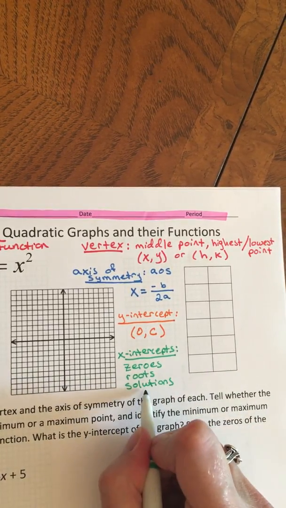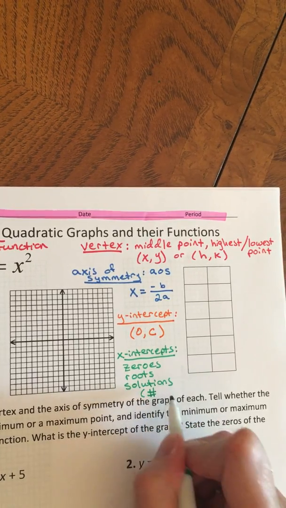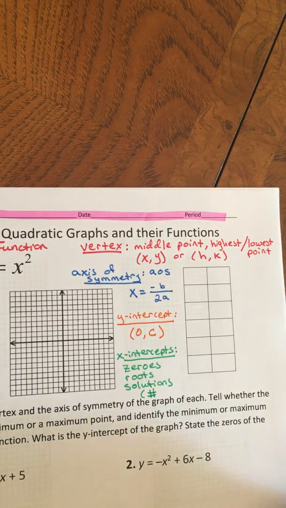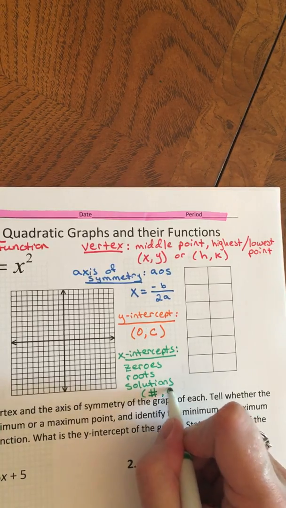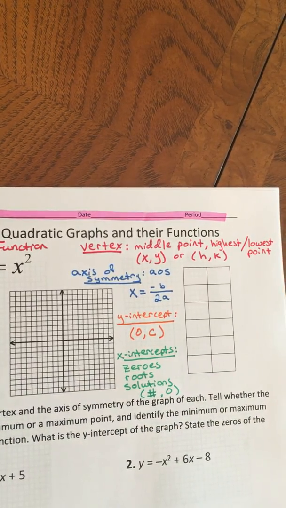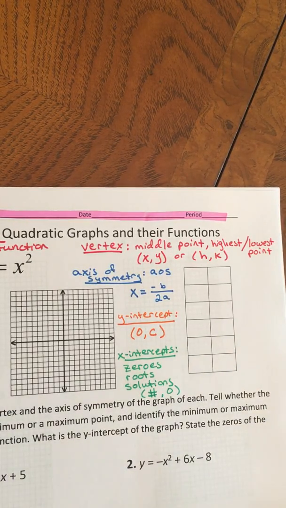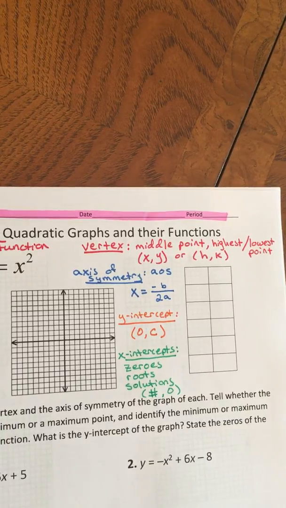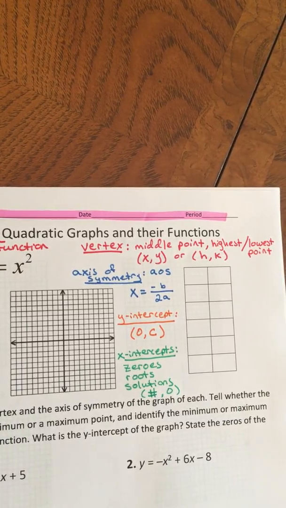They are always some number where the graph crosses the x-axis, 0. There might be 2 of them, there might be 1 of them, and there might not be any of them. It just depends on the coordinates that we have for our particular quadratic.